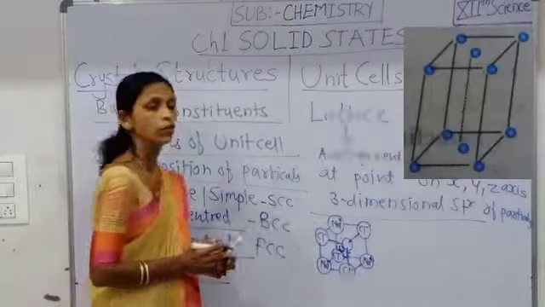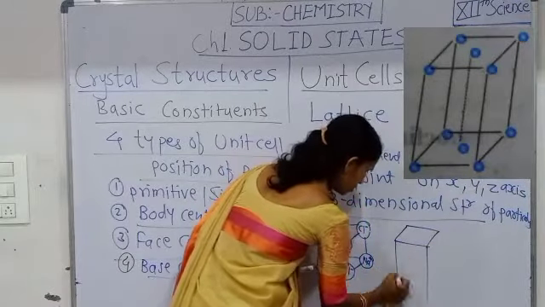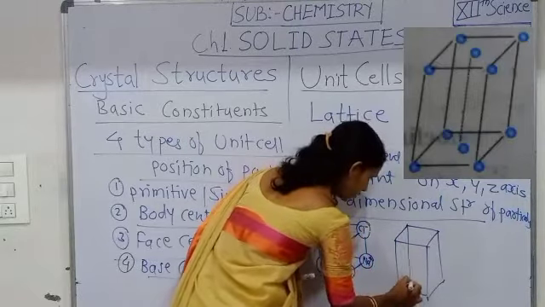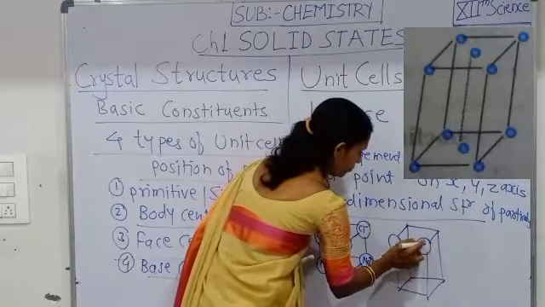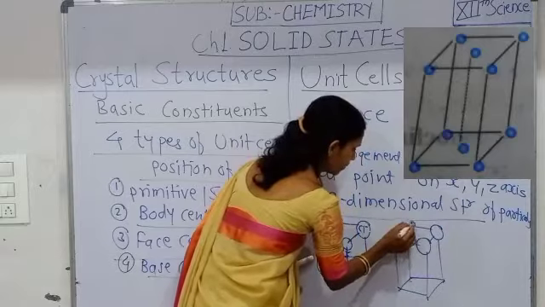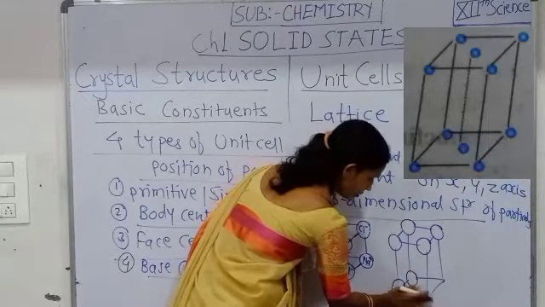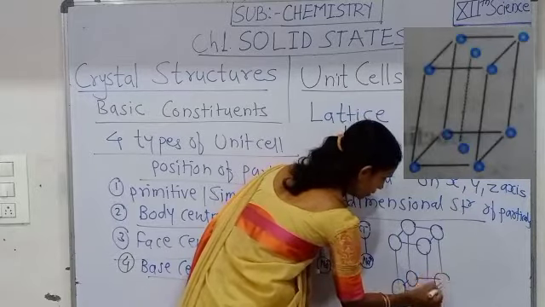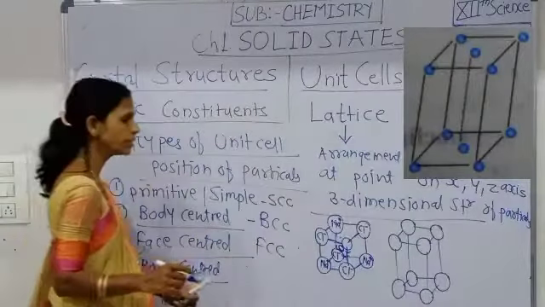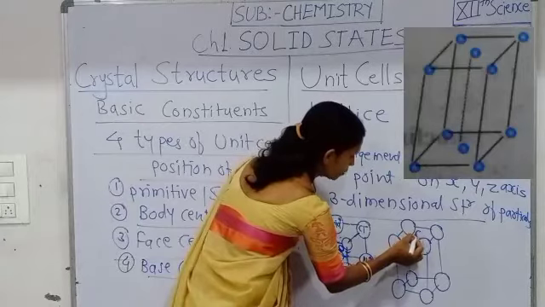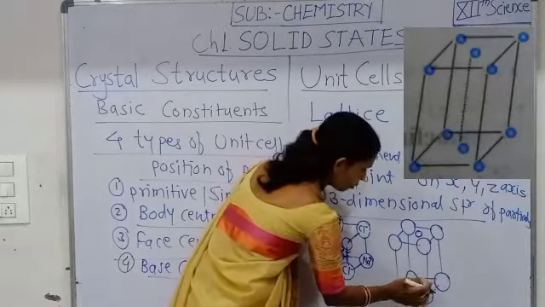Base centered unit cell means, for example, see here, suppose there is a unit cell in which all corners are occupied by the basic constituents, that means basic particles are present at each corner of that unit cell, as well as, see here, base centered means only 2 particles are present, at the center of the upper face as well as the center of the base.